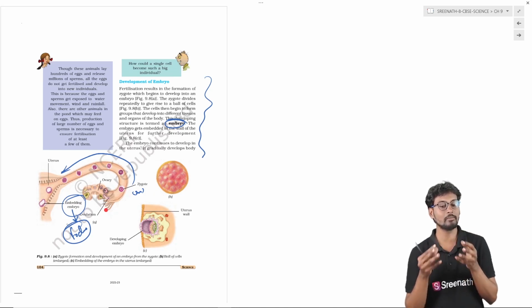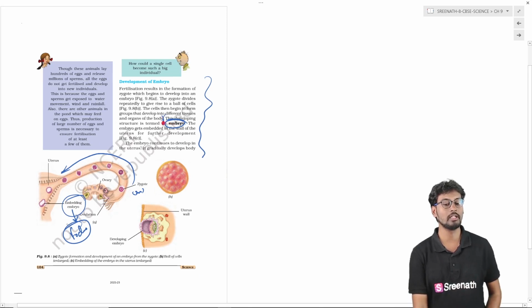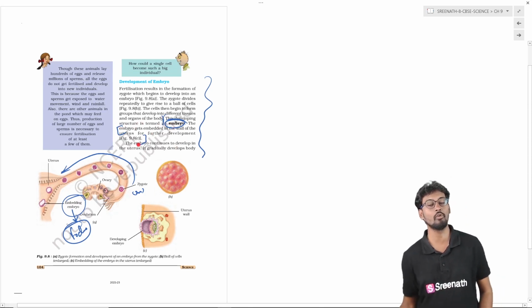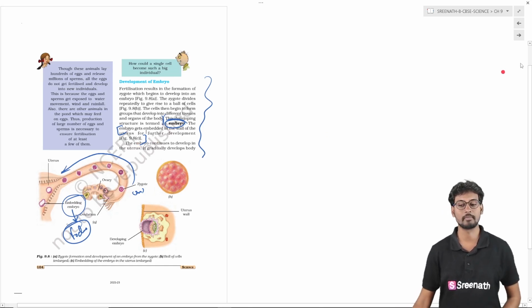Finally there is the formation of mature tissues, different tissues and organs within the baby. The embryo is embedded in the wall of the uterus and leads to further development of the fetus.